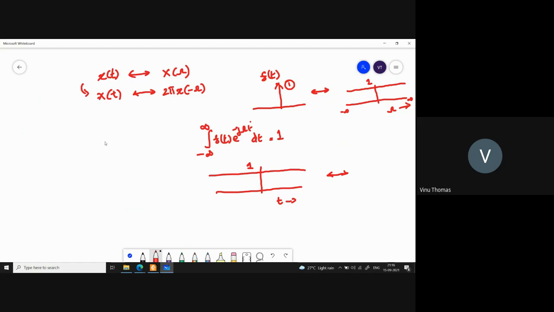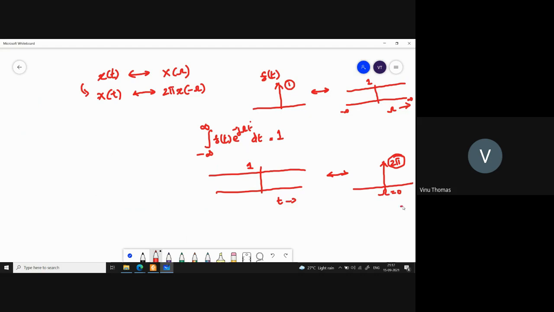Now here that would be delta of omega, and delta of minus omega is the same as delta omega, and you have to multiply this by 2 pi. So this becomes the function with area 2 pi located at omega equal to 0.